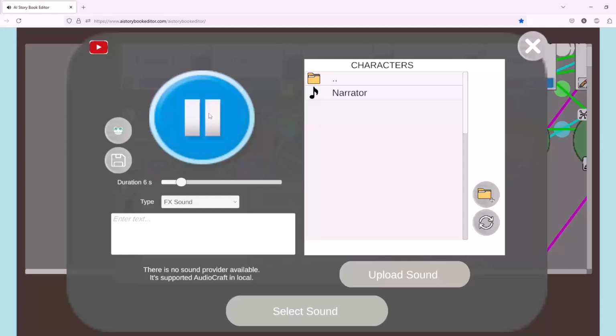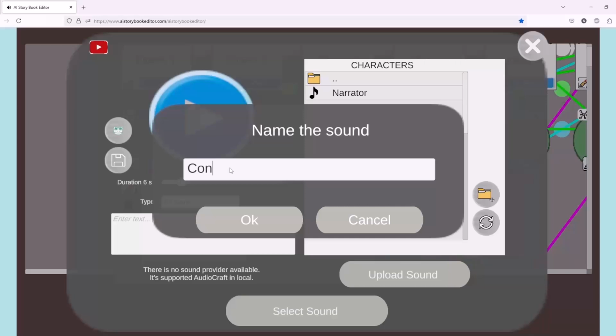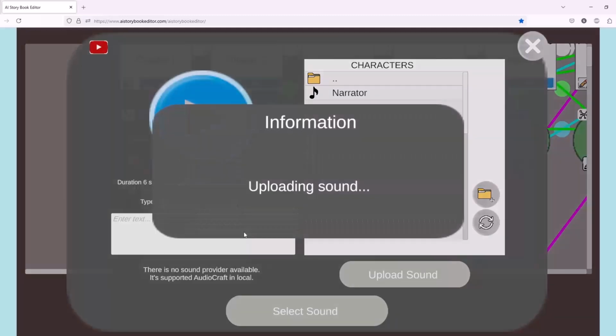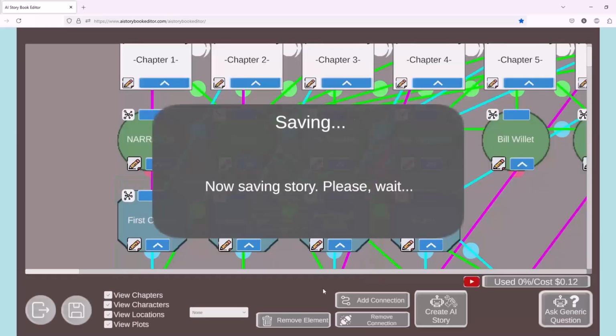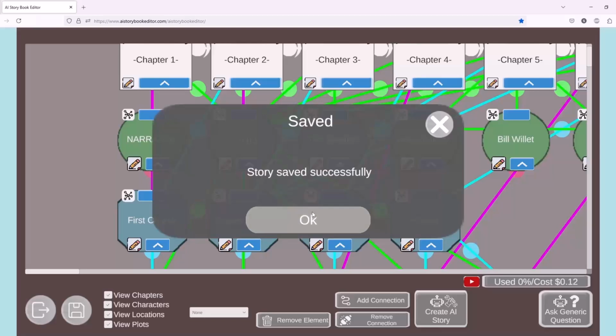This can be the protagonist. So after cloning we can assign the voice to the protagonist and go with the next voices.